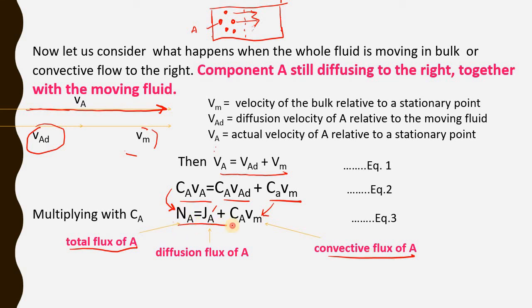So the final equation is NA equals JA plus CA VM. NA is the total flux, JA is the diffusion flux of A, and CA VM is the convective flux of A. Convective means the situation where component A moves to the right together with the moving fluid, for example the water is also moving.